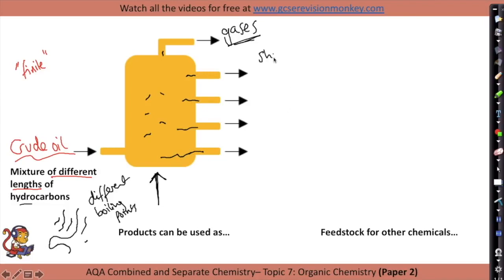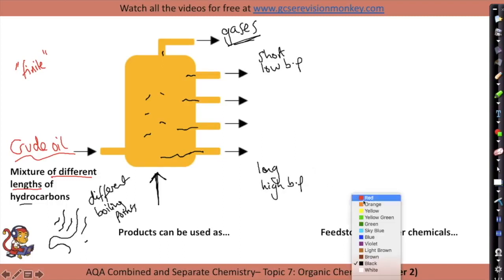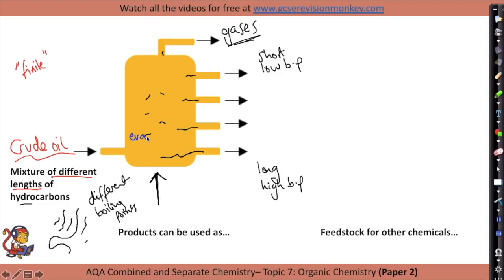So we need to know that the short chains come out the top, the long chains come out the bottom. The short ones have the low boiling points, and the long ones have the high boiling points. The key words that you need to use to describe how the process works are evaporation, the idea that these short chains first evaporate.